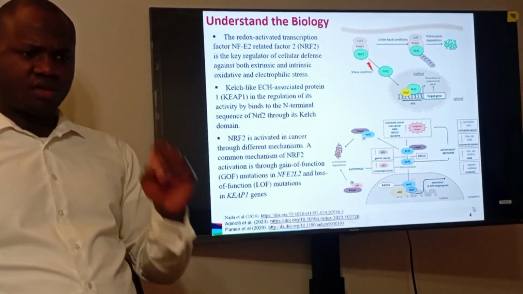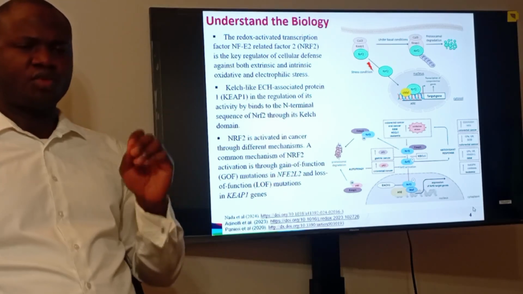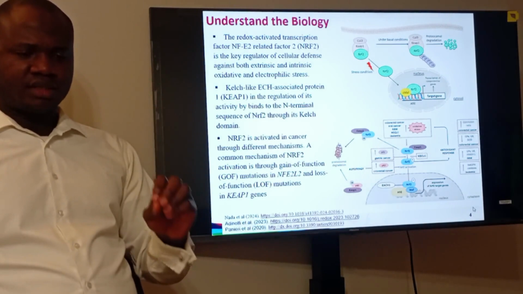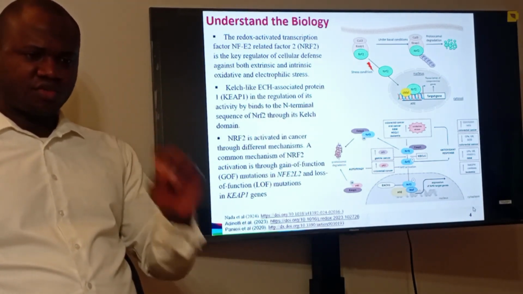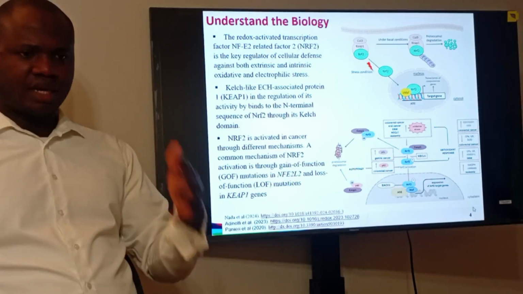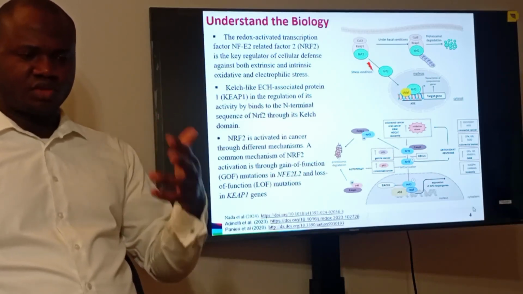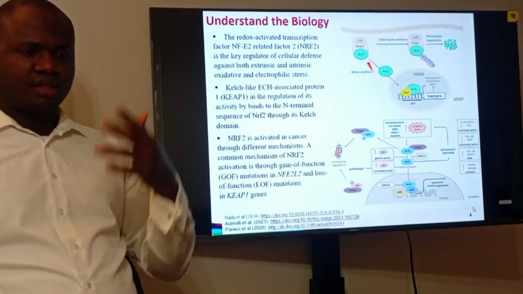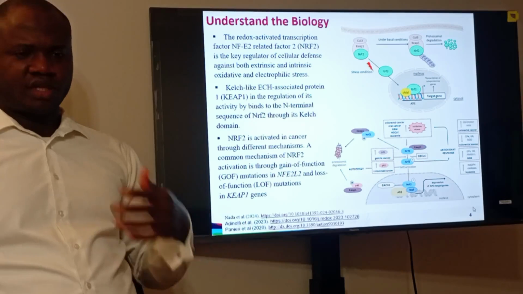And also we have the loss of function mutation in KEAP1. If there is a mutation in KEAP1 that is unable to regulate NRF2, then the level of NRF2 increases, and that will drive a lot of gene expression within the nucleus and all those things that happen in cancer.